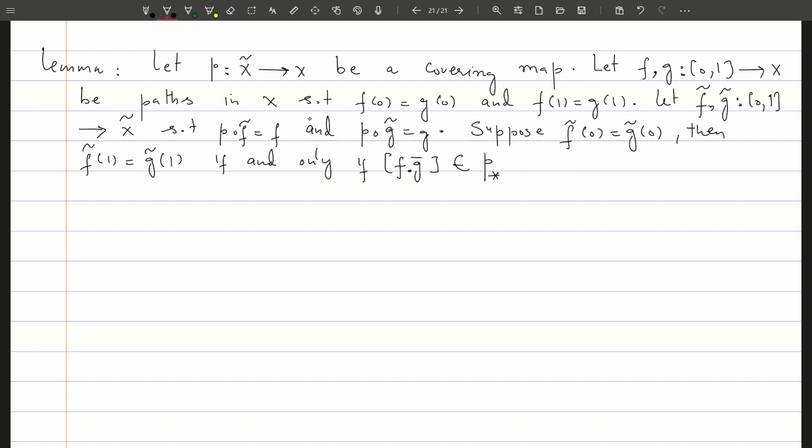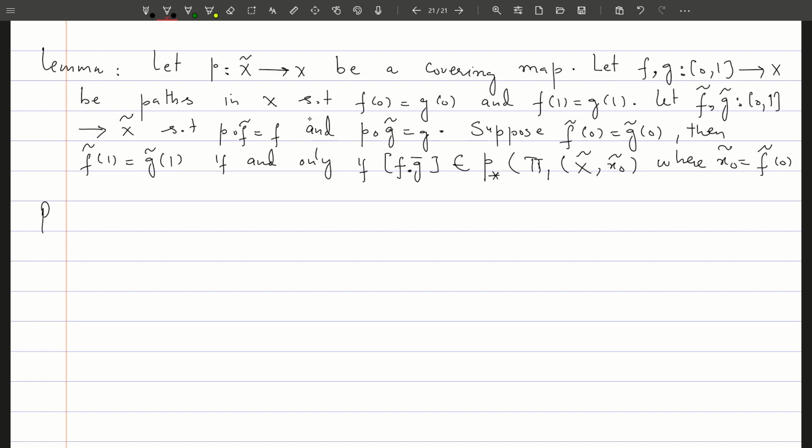So this is the image of the map p star. Here x naught tilde is the same as f tilde of 0, which is the same as g tilde of 0.